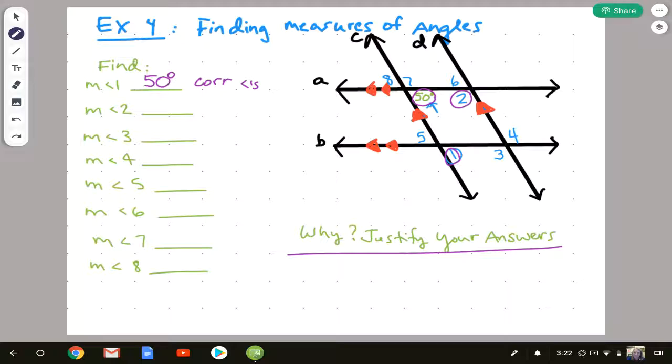That means that the measure of angle 2 plus 50 degrees has to equal 180 degrees because same side interior angles are supplementary. So if I subtracted 50 from both sides, I would get measure of angle 2 is equal to 130 degrees. And that's because of same side interior angles theorem.